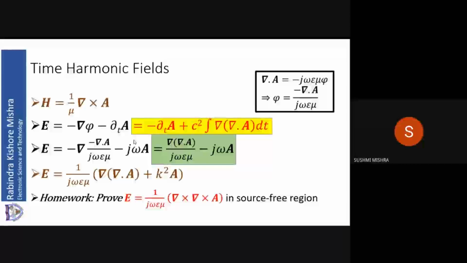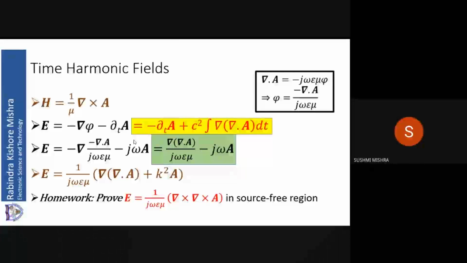E is equal to 1 upon j omega mu epsilon curl of A in a source-free region. Hint is, in the source-free region, you have got J and rho equal to 0. There is no rho, there is no J. So use that and prove this.